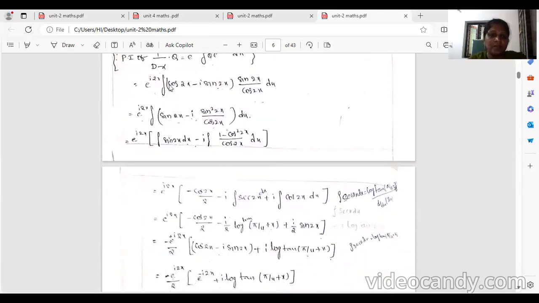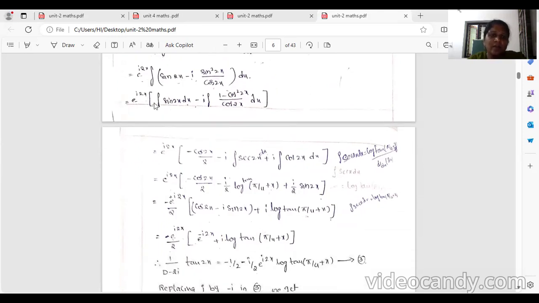So e power i2x integral of cos 2x minus i sin 2x into sin 2x by cos 2x dx. The cos 2x cancels, and we get sin 2x minus i into sin square 2x by cos 2x into dx.